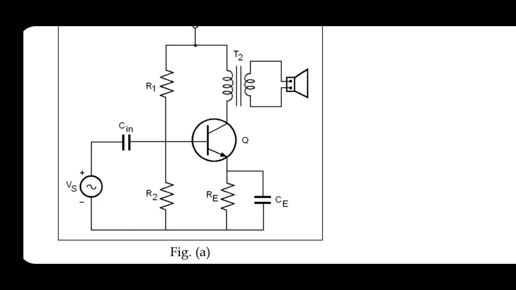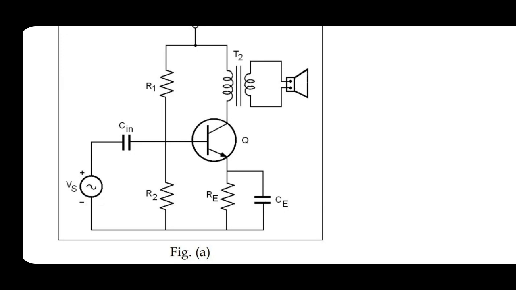R1 and R2 are used for potential divider biasing. RE is used for thermal stabilization. C is a bypass capacitor which prevents negative feedback by the effect of RE.